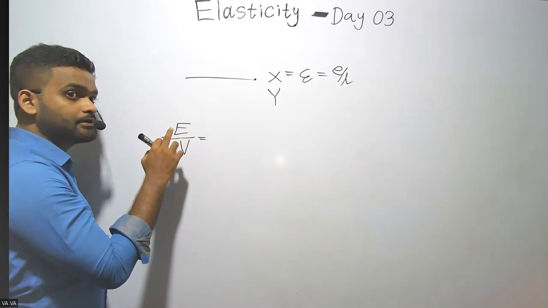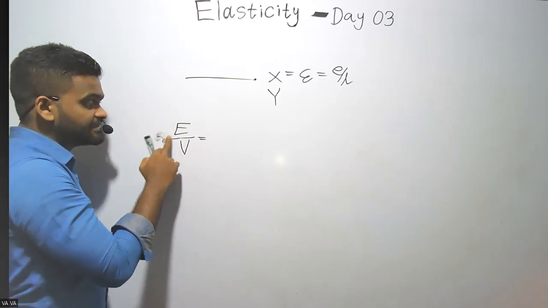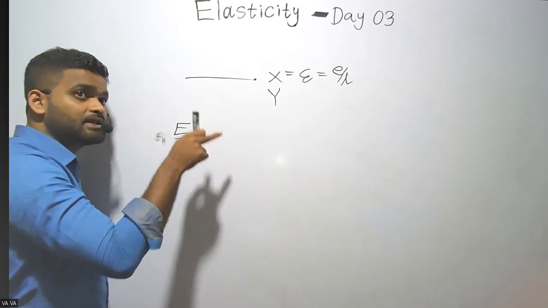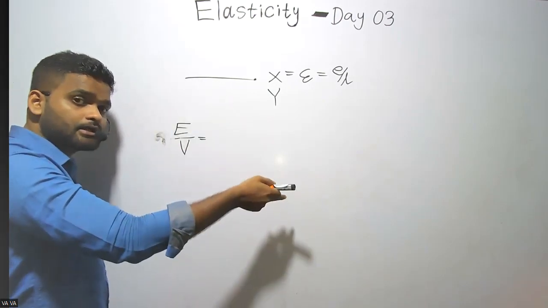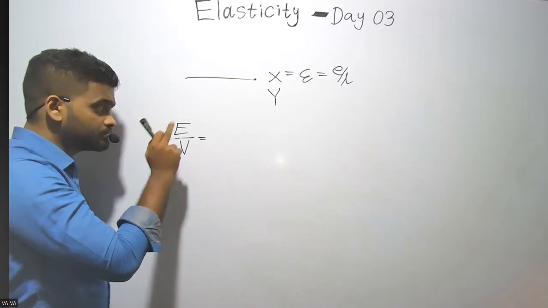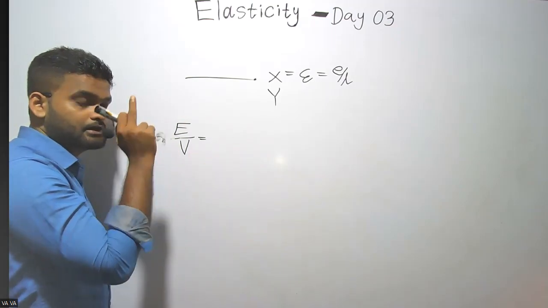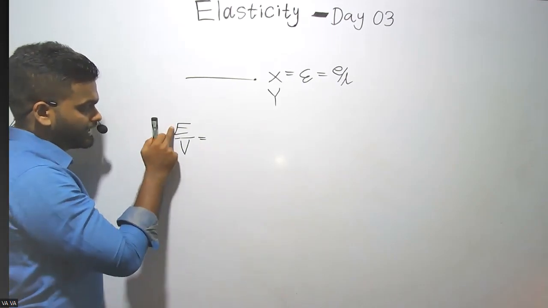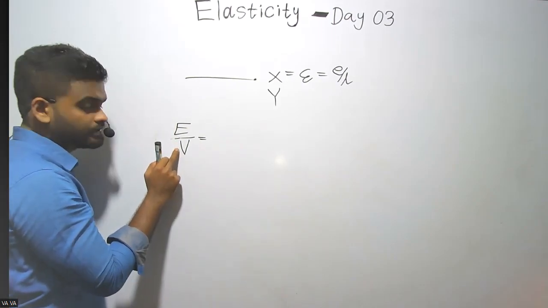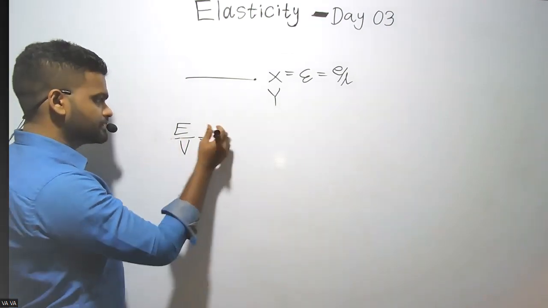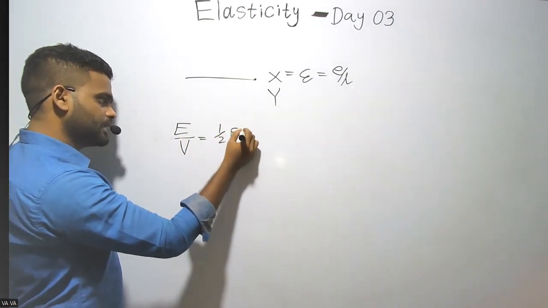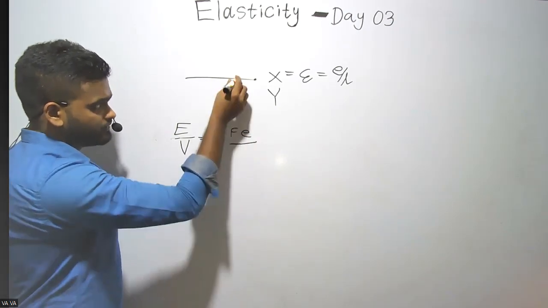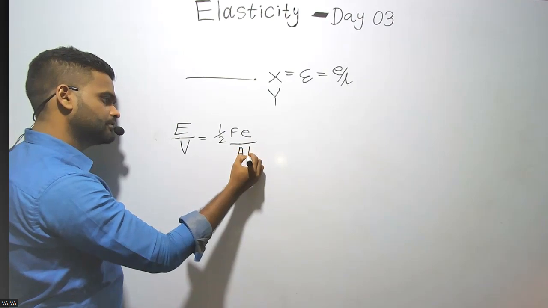If you remember, this is the property that you get from the area of a stress strain curve, right? That's just to remind you the theory. Energy divided by volume, per unit volume. So energy is half Fe divided by volume. Volume of a wire is cross section times length of the wire.